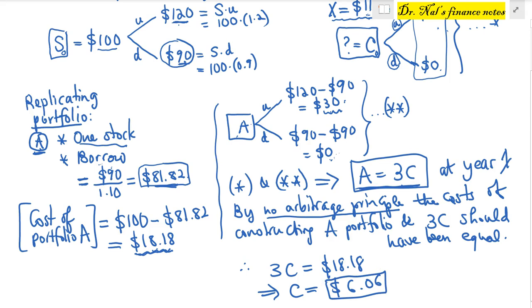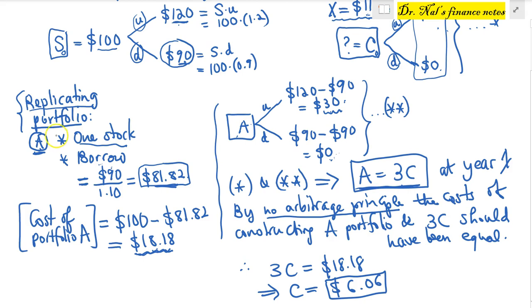We were able to decisively price the call option without having any knowledge of the individual probabilities of the stock price going up or down, right? So that's just an amazing result, directly following this replicating portfolio, constructing an alternative portfolio with the same payoff in year one, and boom, we get the result.